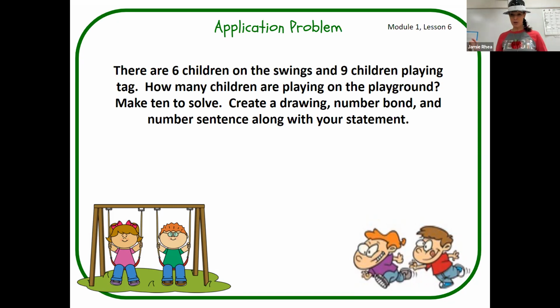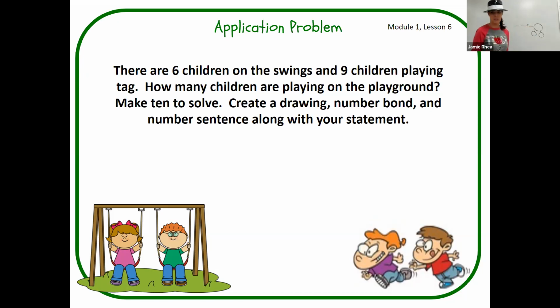I have to make a number bond. Okay, I know how to make a number bond. I'm gonna go ahead and draw my number bond template up here. Got a number bond template, and I'll zoom in just a second. It also wants me to make a number sentence along with my statement. Okay, number sentence, got it. Number sentence, we'll put it right here.